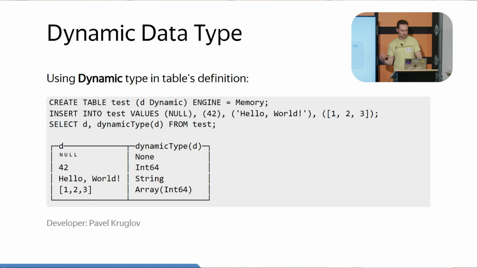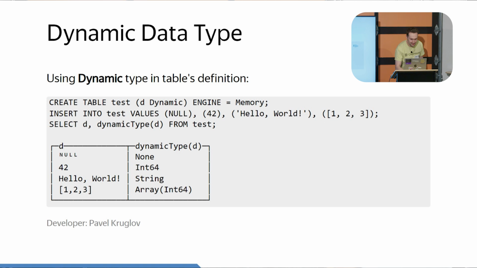So let's take a look how it works. Here I am creating a table with a single column of type dynamic, and I am inserting whatever, arbitrary garbage, no, not garbage, precious data into this column.